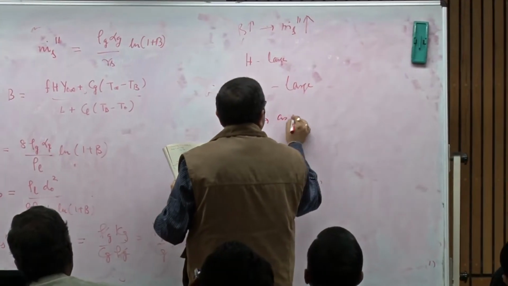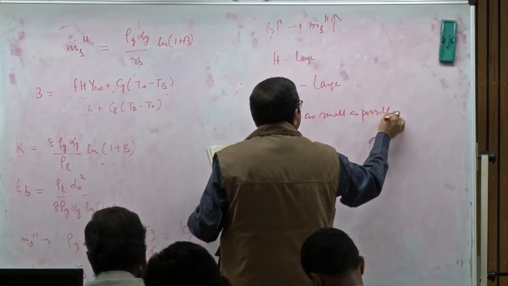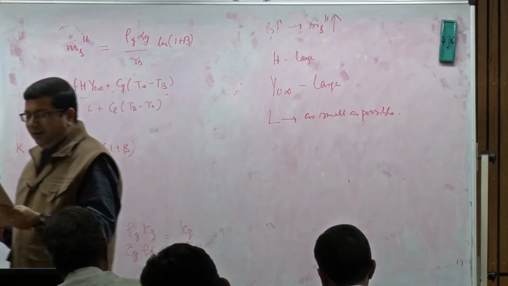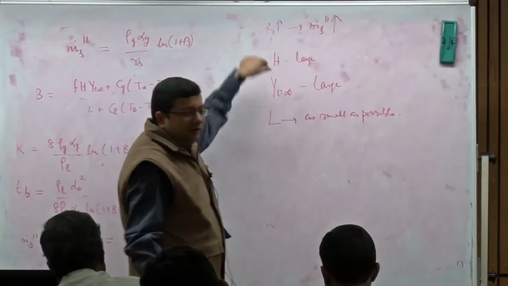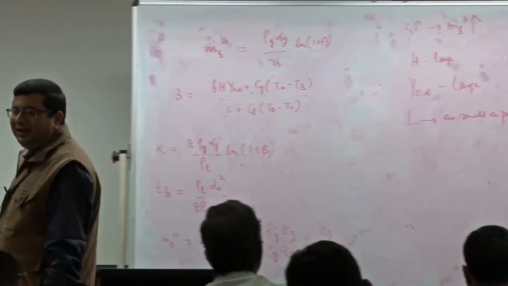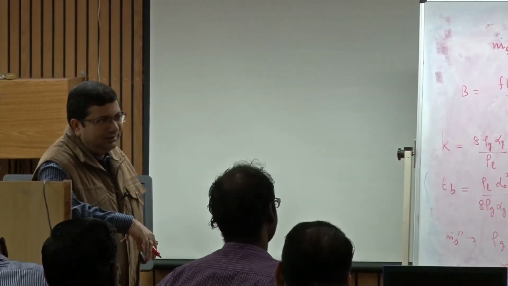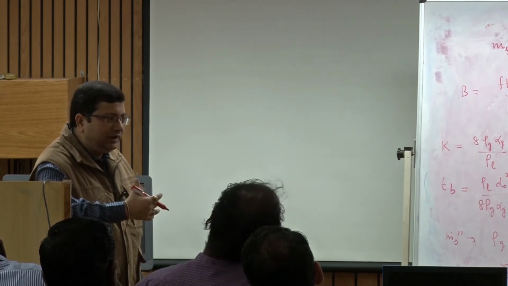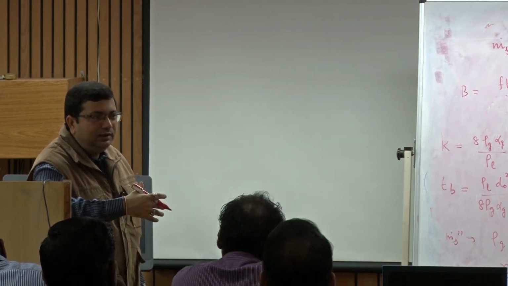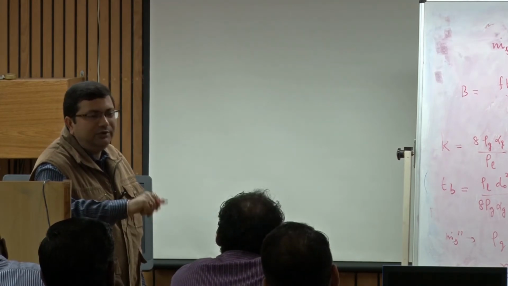Next, we should have L as small as possible. Unfortunately, these two contradict each other: high H and low L. So, it is not possible to always meet both. Ideally, if you have a hydrocarbon which can evaporate at a lower energy, we should get better combustion, better ignition, better evaporation rate.